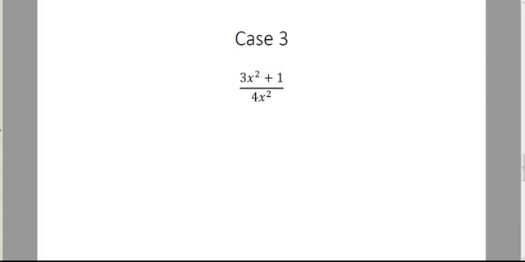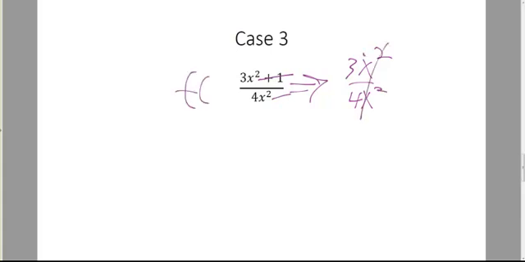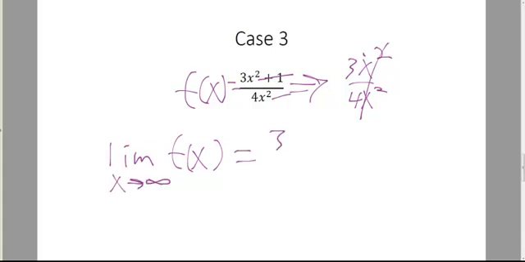So what we're going to do is get rid of anything past the x squared terms. So we'll have 3x squared over 4x squared. Then we reduce the x squared out, and so this limit, again we're going to call this f of x, the limit of f of x as x approaches infinity will equal 3/4.